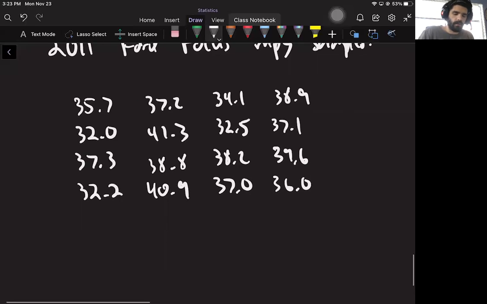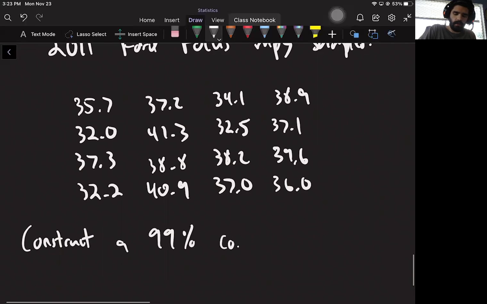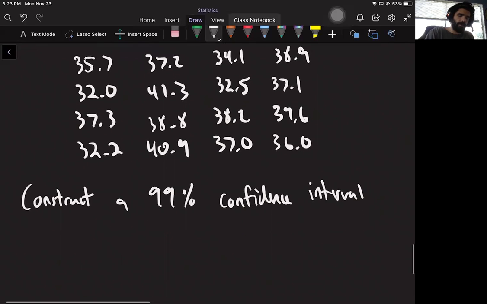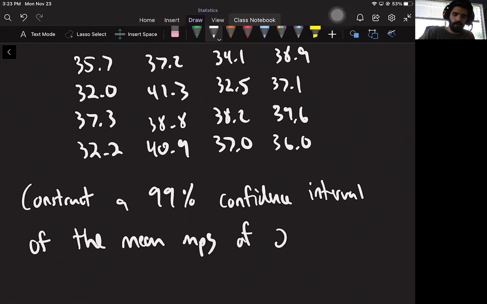So we're going to construct a 99% confidence interval of the mean miles per gallon of the 2011 Ford Focus. Here's the idea.